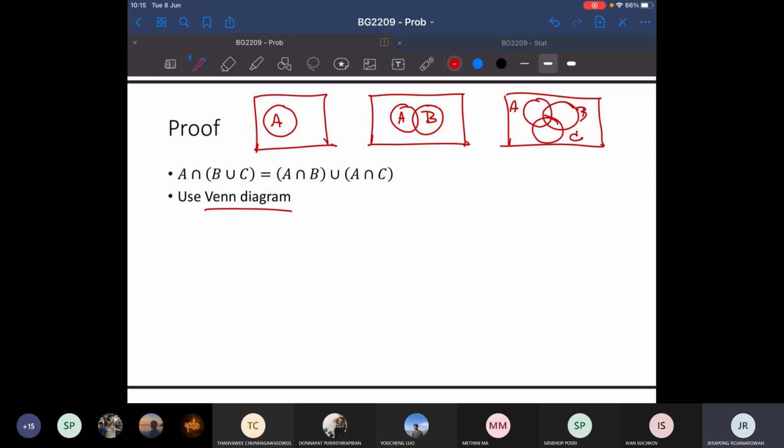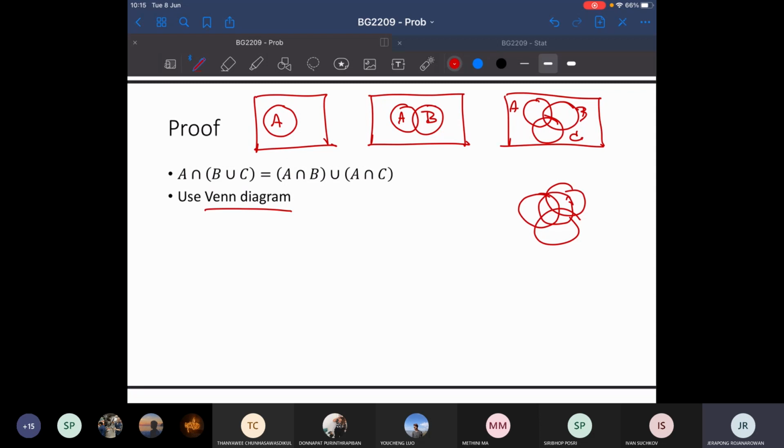If you have 4, you cannot draw it easily, because it's going to look like a pyramid. You have 3, and then you put another one on top. It might look like this, but this one is 2D, which is not correct.